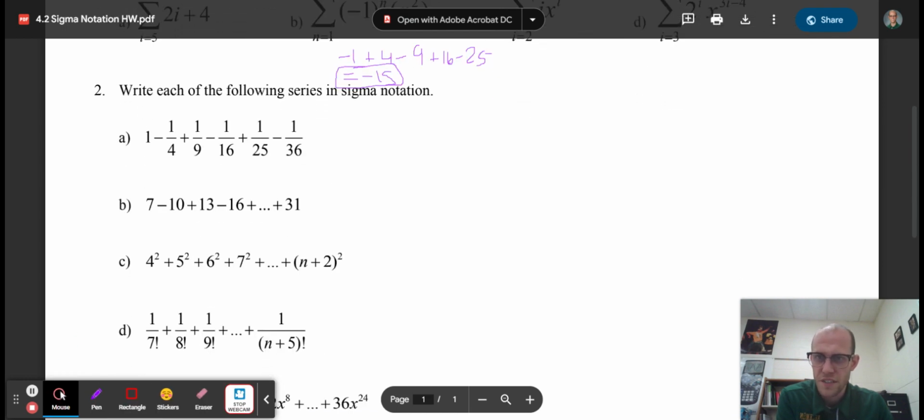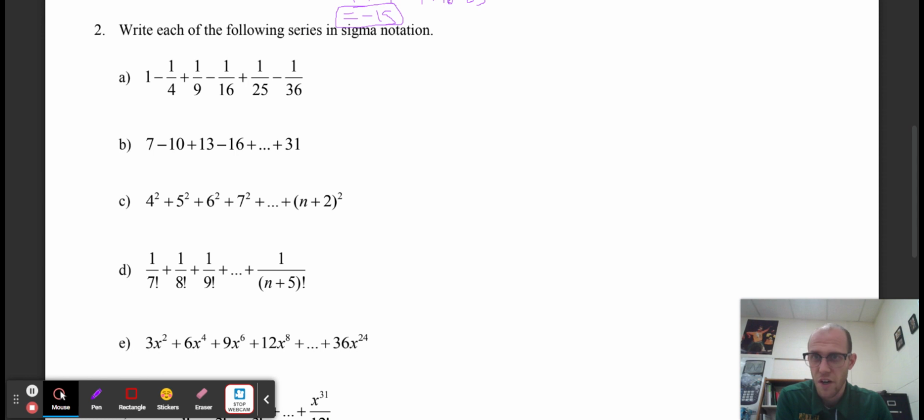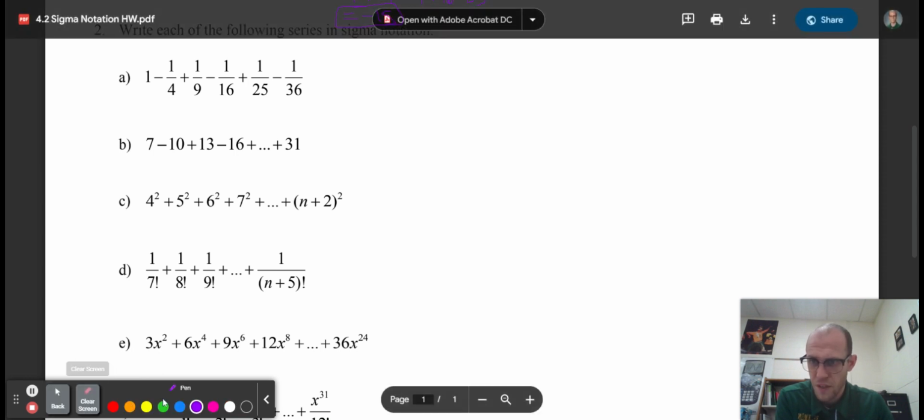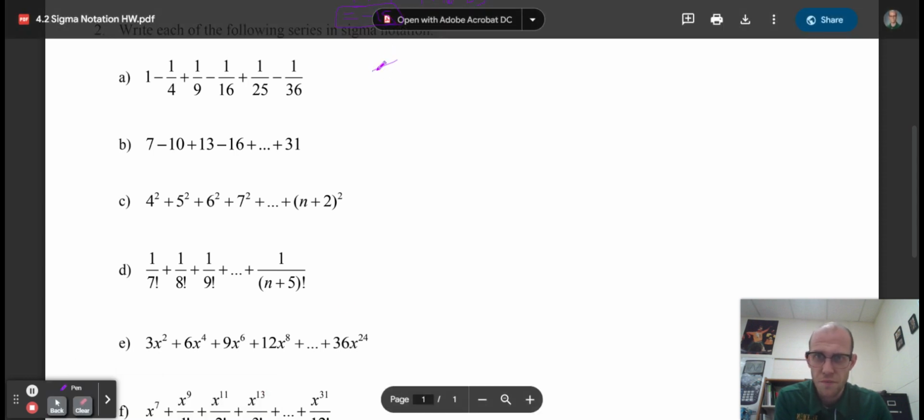So now these, we're going to figure out what the sum's going to be. Start by writing your summation symbol. Have your index equal to, and then you have to kind of pause. The first thing you should kind of note is this flipping back and forth with its sign.